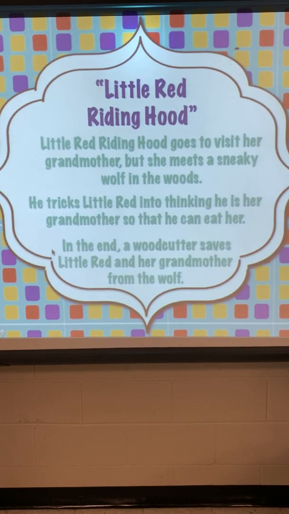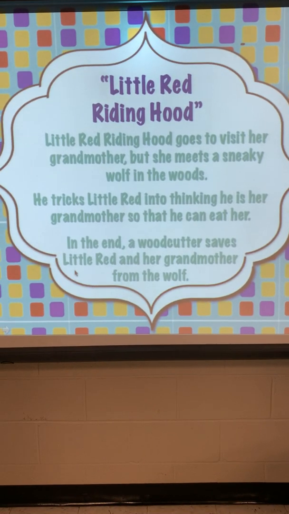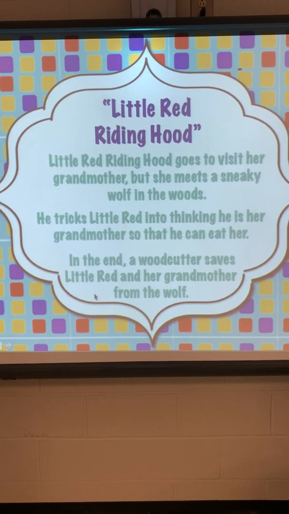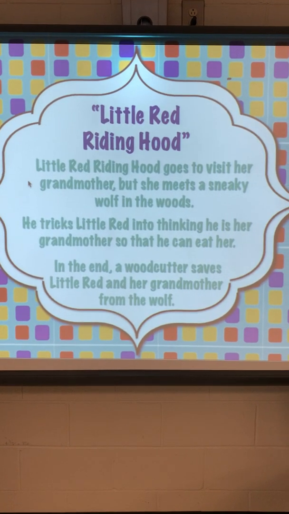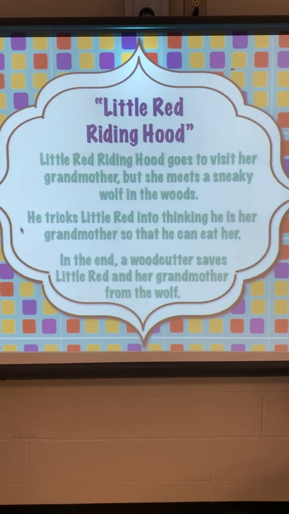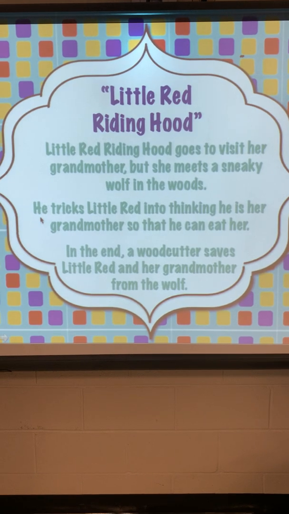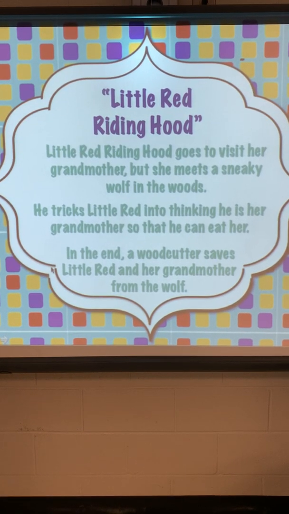In the end, a woodcutter saves Little Red and her grandmother from the wolf. Now, what story element is this over here? You're right, it's the solution. So we've got the main characters introduced up here with the setting. We've got the problem is that Little Red is being tricked and she might get eaten. And then the solution down here comes from this nice woodcutter that comes and saves them.